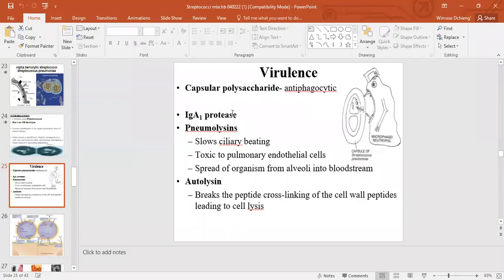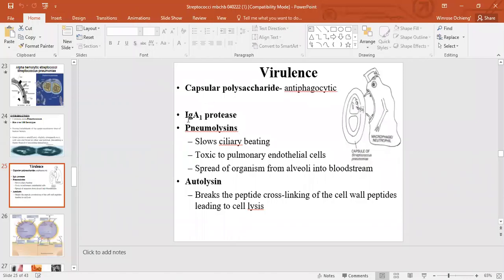Instead of waiting to grow it, we use antibodies against the capsule. This capsule is antiphagocytic, so it helps Streptococcus pneumoniae not to be phagocytosed by our macrophages and the other phagocytic cells.